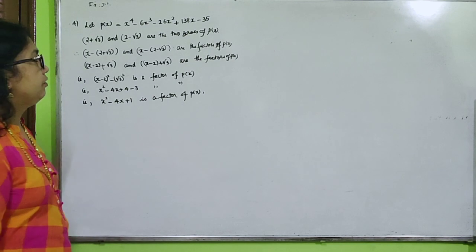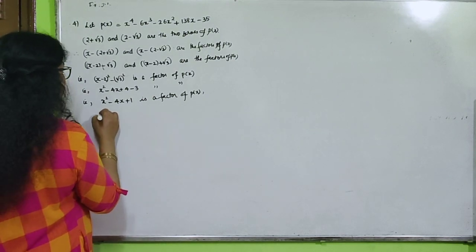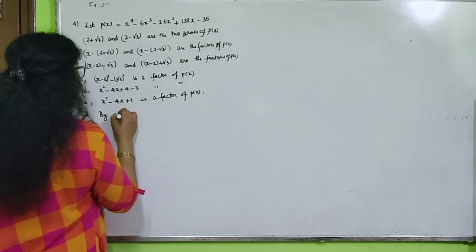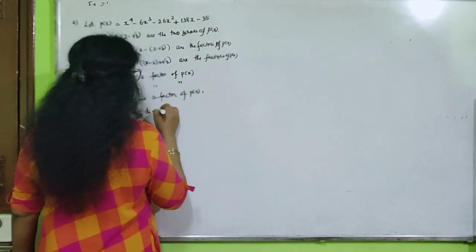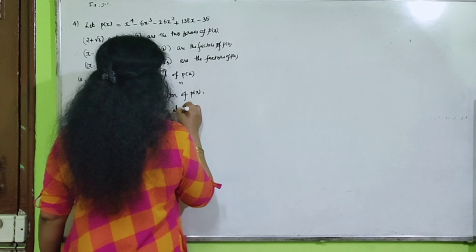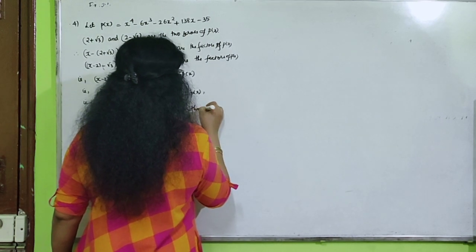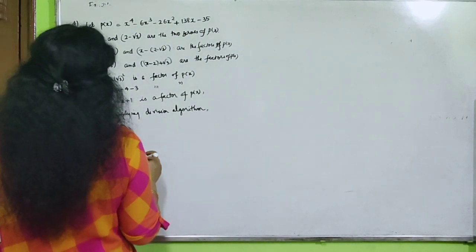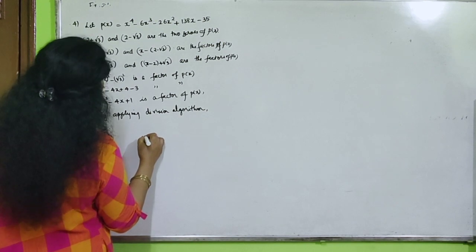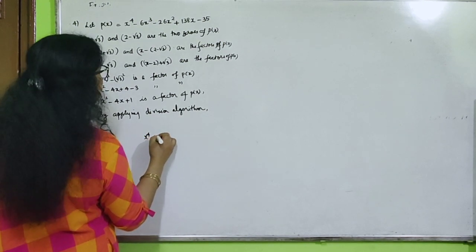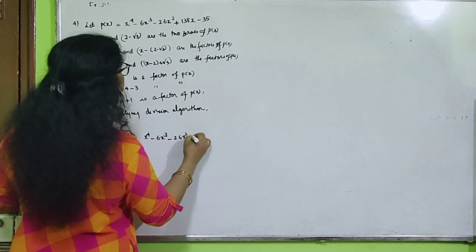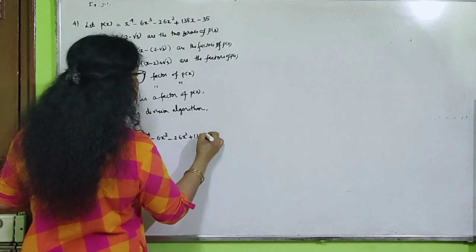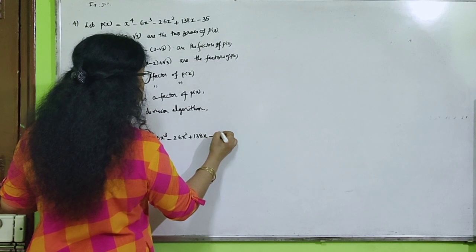Now by applying the division algorithm. What is p of x? x raised to 4 minus 6x cube minus 26x square plus 138x minus 35.